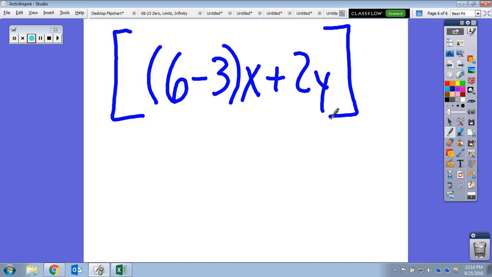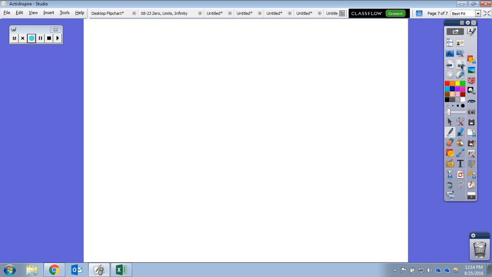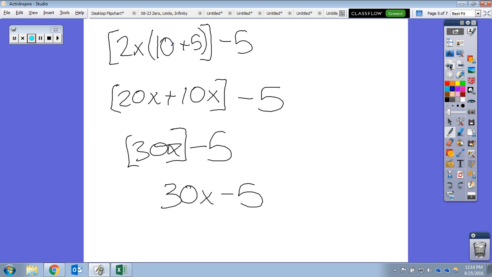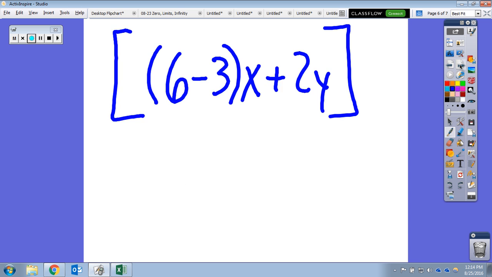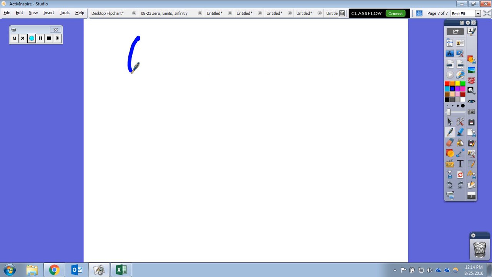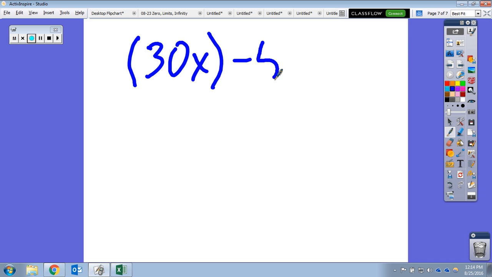What do brackets or parentheses tell us? They say, hey, these guys are associated with each other. These guys are contained together. That's all it's really saying. But your question, let's use the actual example, where we have 30x minus 5. So 30x minus 5, this is different than this.